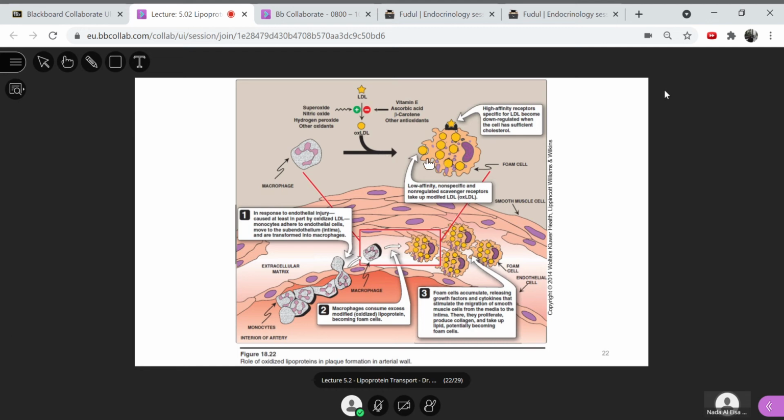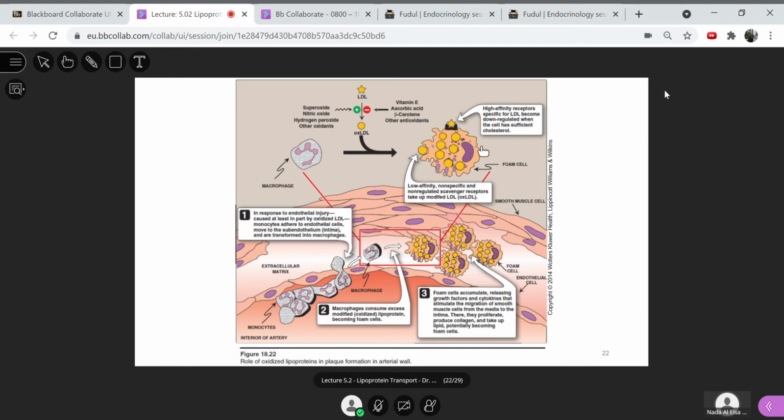And as you can see here, the comparison between the scavenger receptors on macrophages, which take up the oxidized LDL, which is modified, compared to the normal LDL particle. They have low affinity, but they are highly non-specific and non-regulated, so they can take up as much as possible of the LDL particles without regulation.